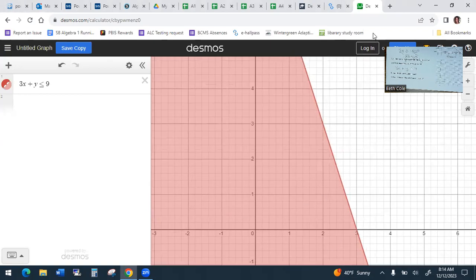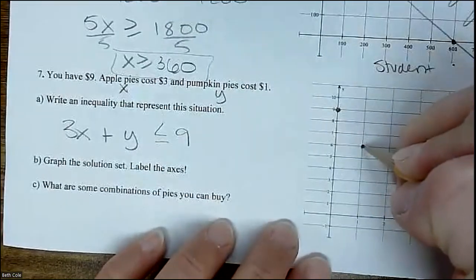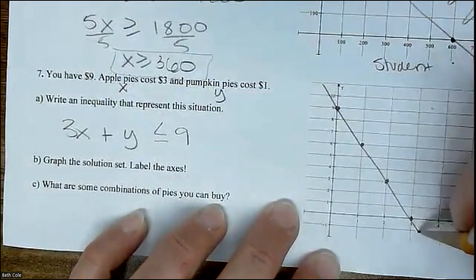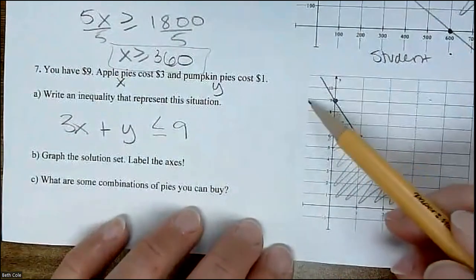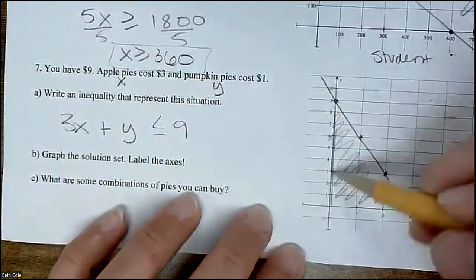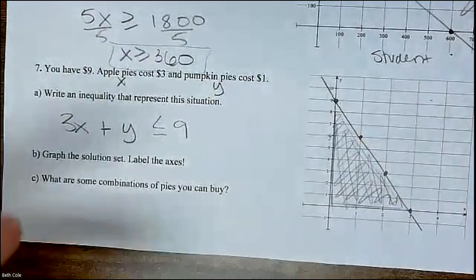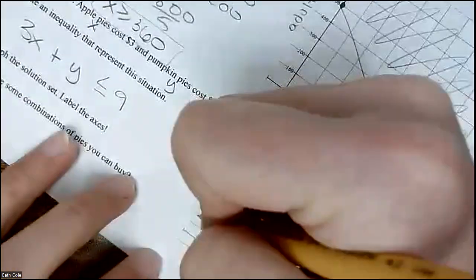It's going to end at 3 there. All right, so we're going to start at 9, down 3 over 1. Now you only have $9, so you have to stay below that. Now you also can't have negative money, so I didn't shade all the way over to there. It's kind of staying in this triangle here because you can't have negative pies, I suppose. And apple was X and pumpkin was Y.